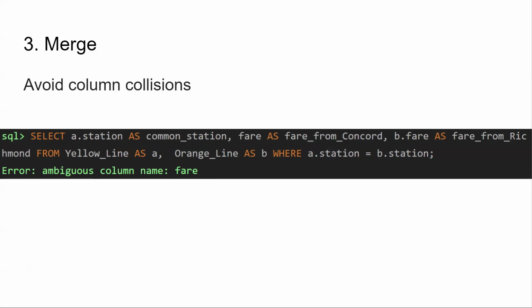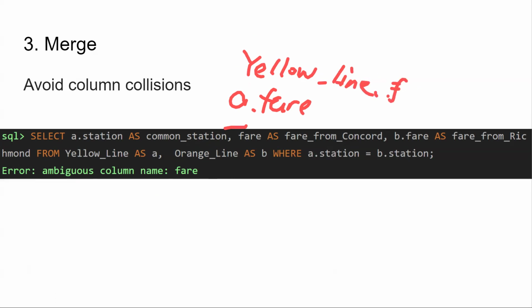So the computer does not know which column you are trying to refer to. So you have to use A dot fare, or if you don't like A, you can say yellow line dot fare. This can help you distinguish which column you actually want to use.